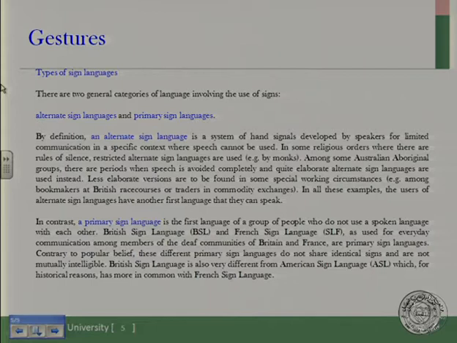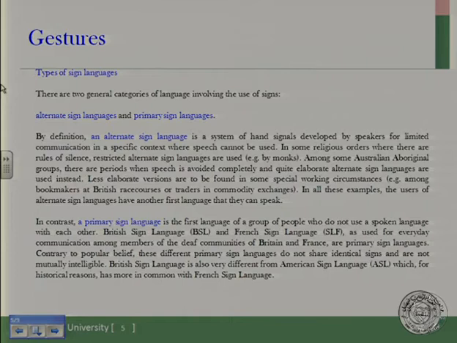In some religious orders, for example, where there are rules of silence restricted, alternate sign languages are used by, for example, monks. Among some Australian Aboriginal groups, there are periods when speech is avoided completely and quite elaborate alternate sign languages are used instead.